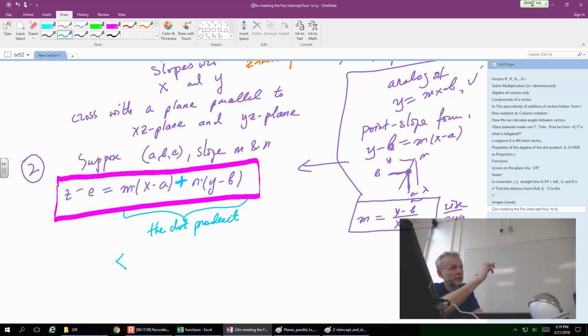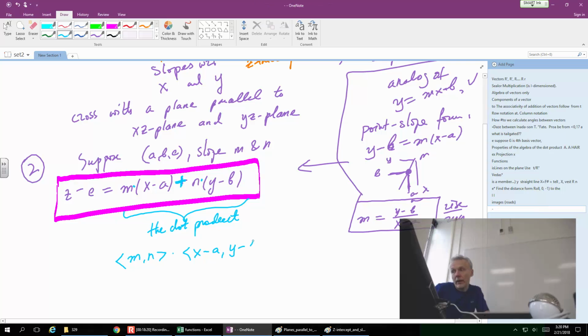So it aligns perfectly as intended by the dot product. So the first vector is (m, n). m is the x component, n is the y component. Similarly, what's left is (x minus a, y minus b). That's the second vector.